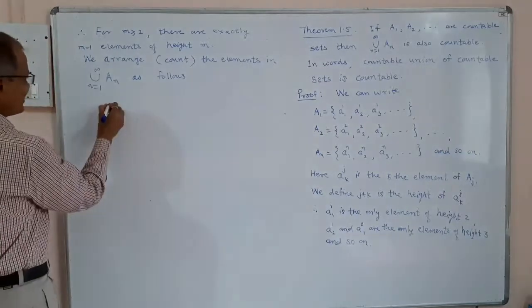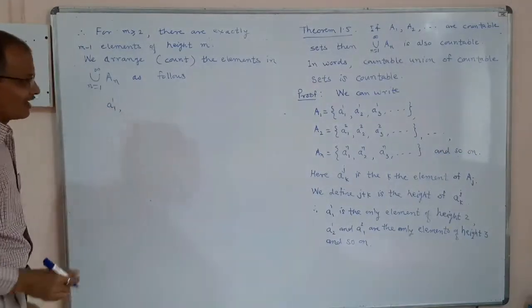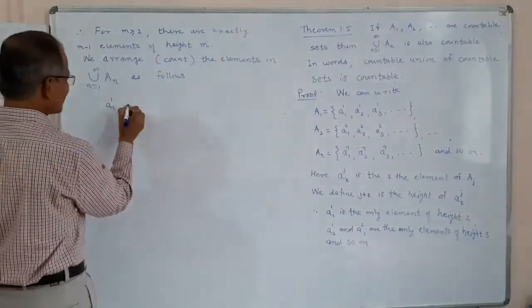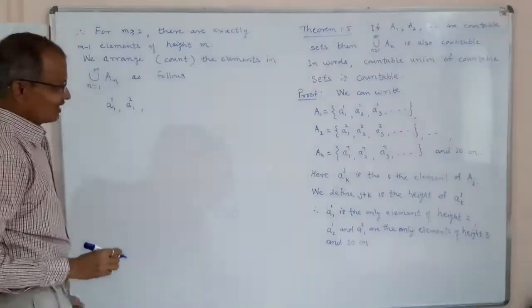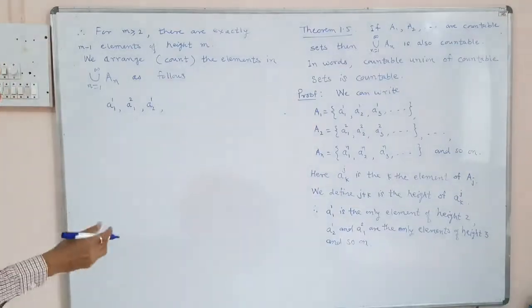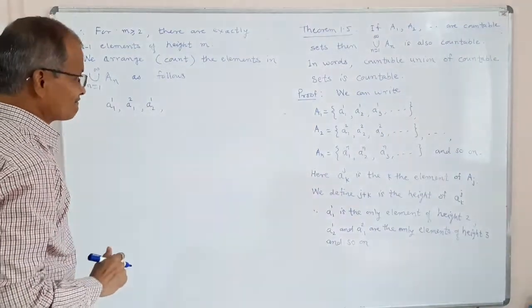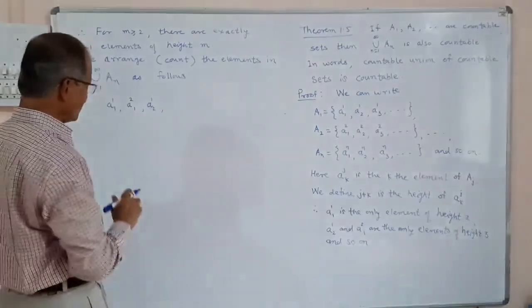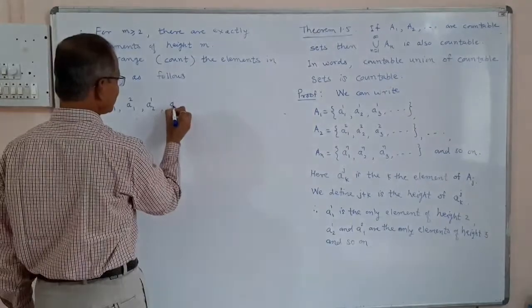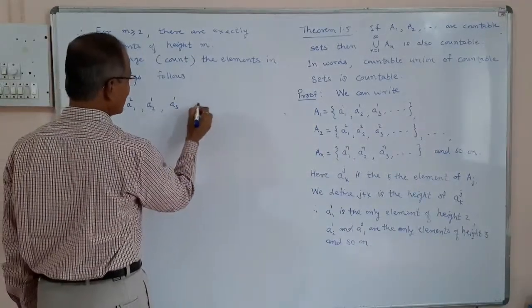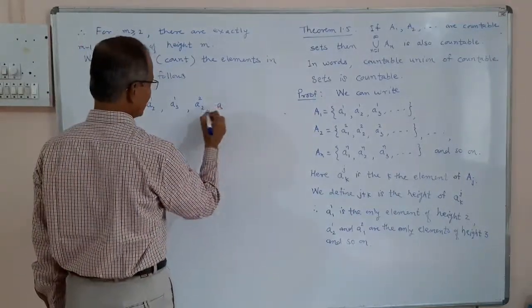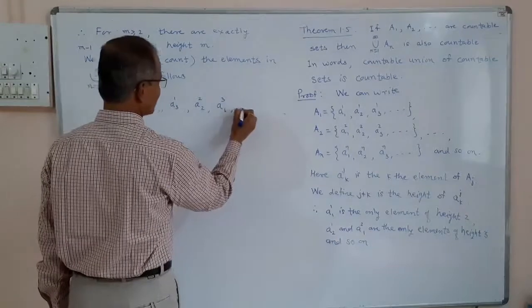First the element of height 2, A11. Then the elements of height 3 are to be considered as A21 first and then A12. Why we have written it like this, we will see further. Then the 3 elements of height 4, we will consider A13 first, A22, then A31, and so on.